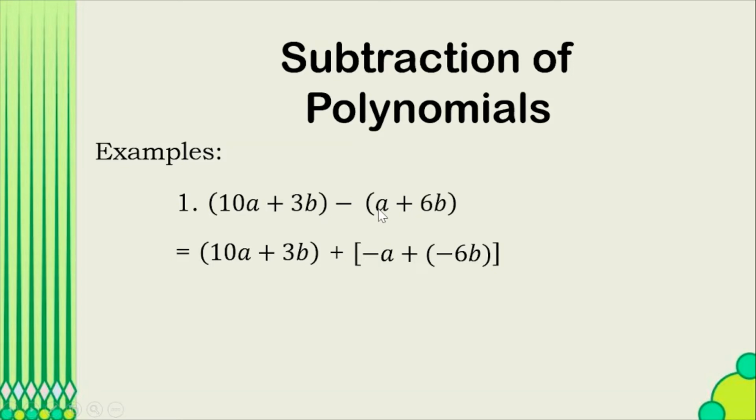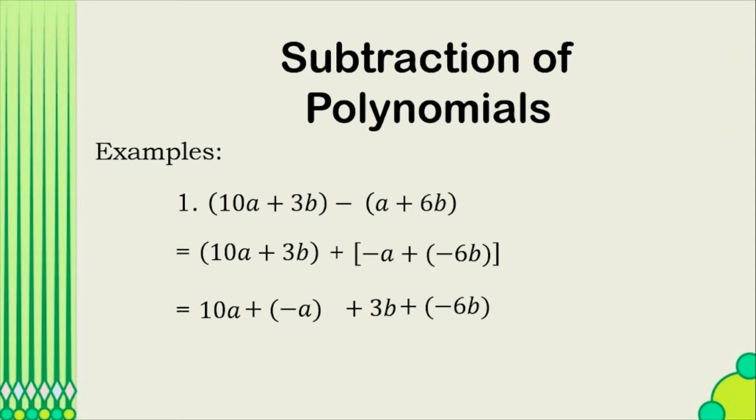Then change the signs of the subtrahend from positive a to negative a, from positive 6b to negative 6b. After that, combine similar terms. Okay, so we have 10a plus negative a plus 3b plus negative 6b.